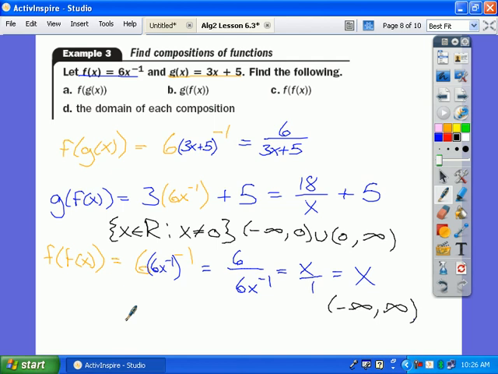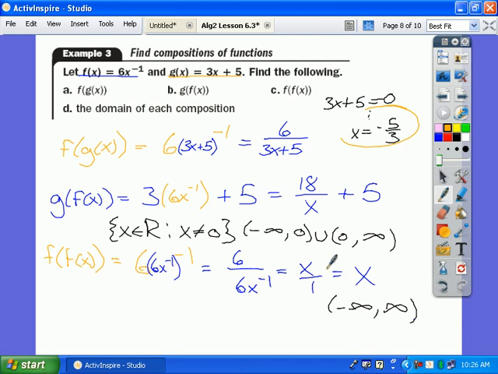On the last one, there's one value of x that I can't have again, but it's not 0, because 3 times 0 plus 5 is 5, and I'm allowed to have 5 in the denominator. So what I need to figure out is when 3x plus 5 equals 0. If I solve this, x would have to equal negative 5/3.